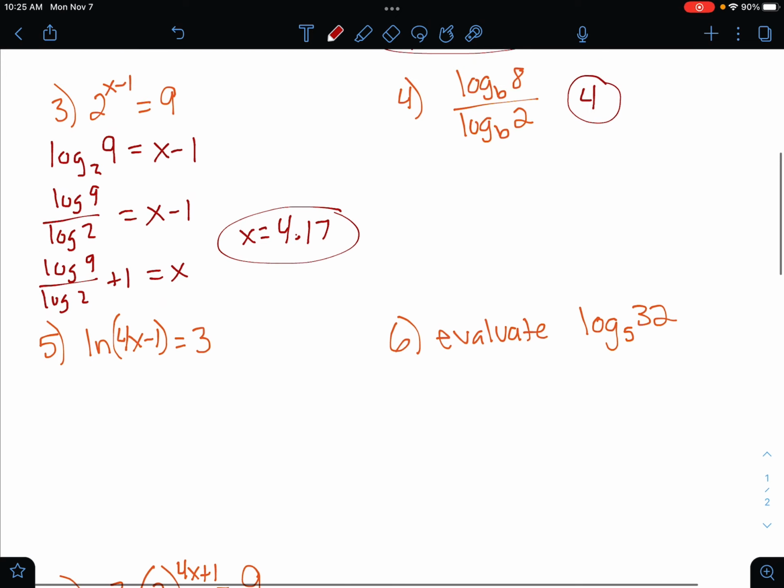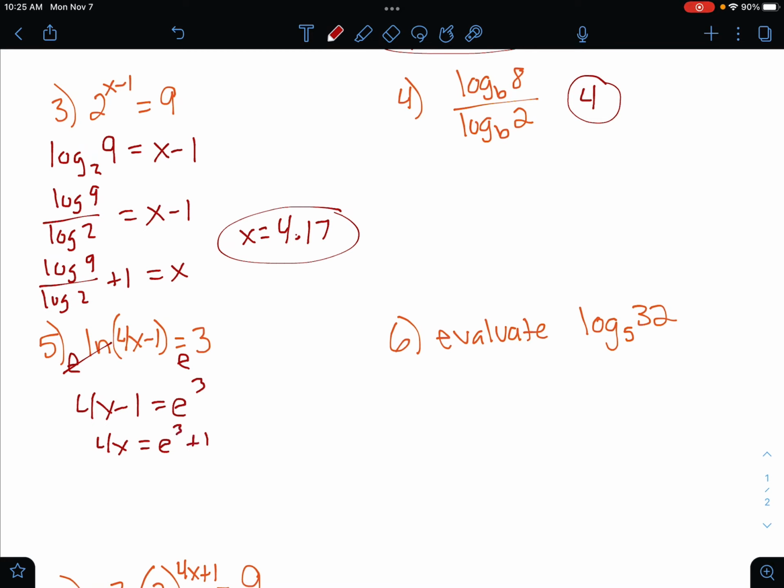Number 5. Well, now we have a natural log. What's the inverse of a natural log? e. So we're going to get that e in there. That cancels the ln to get 4x minus 1. And on the other side, we have e to the third. We're going to get x by itself and then plug it in all together. So I'm going to add 1 to both sides, and then divide by 4.